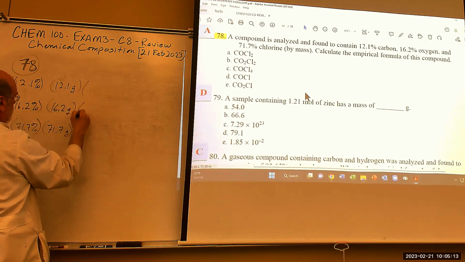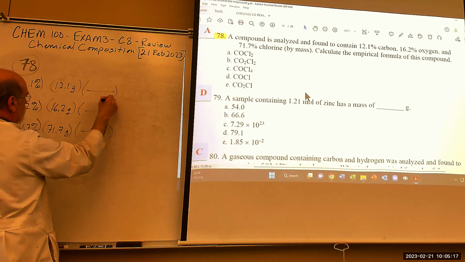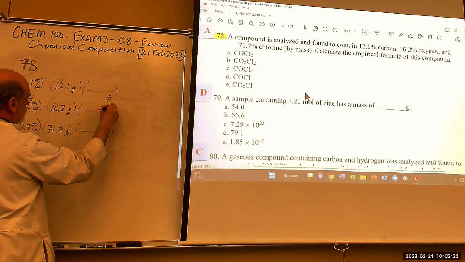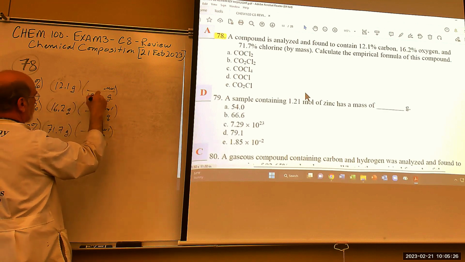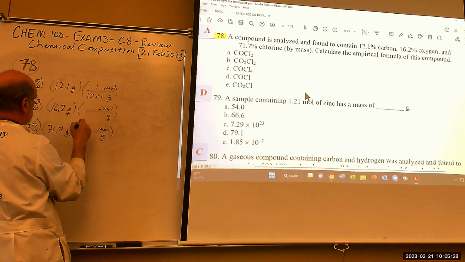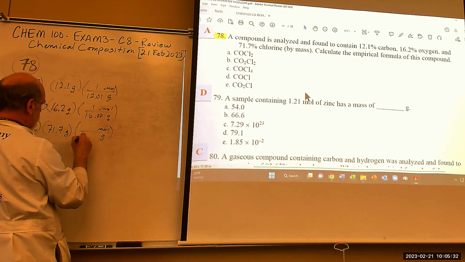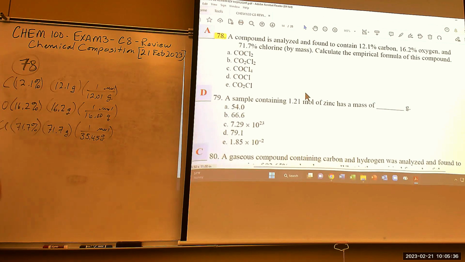All right, now we can convert grams on the bottom, moles on the top. All right, this is 12.01. This is 16. And this is 35.45.